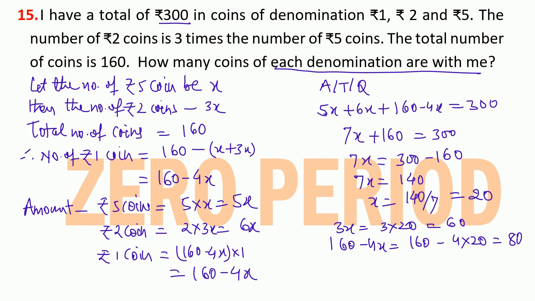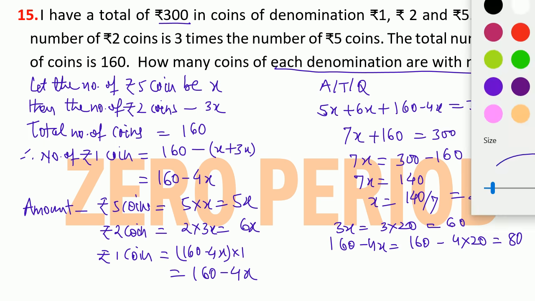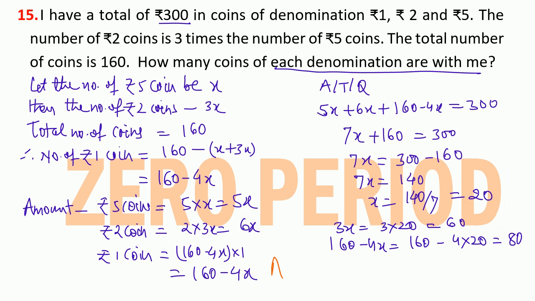As an answer you can write in a proper way. Rupee 5 coin is x, therefore 20. Rupee 2 coin is 60, and rupee 1 coin is 80.